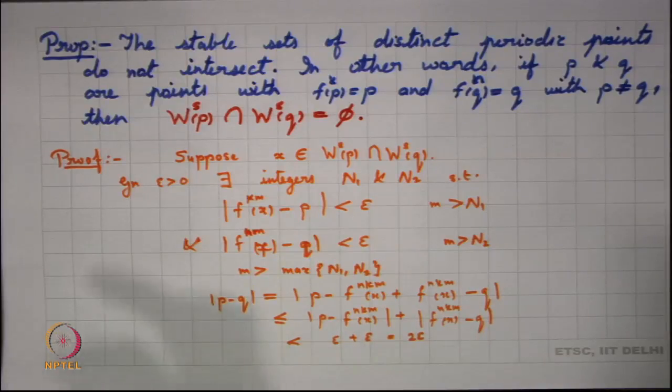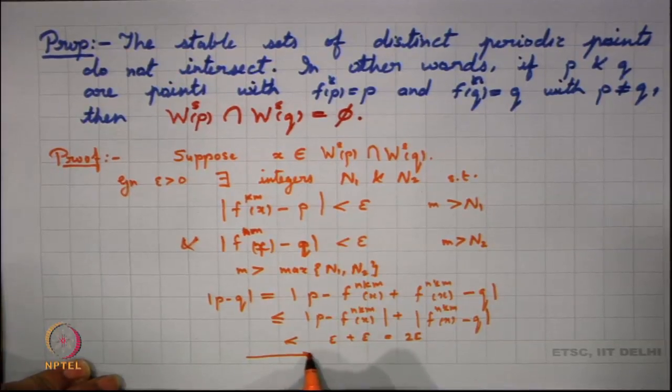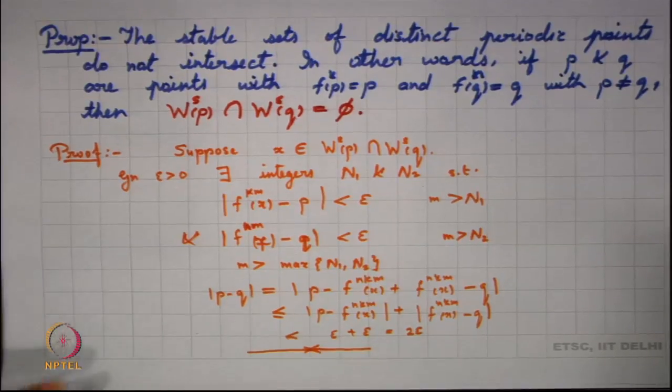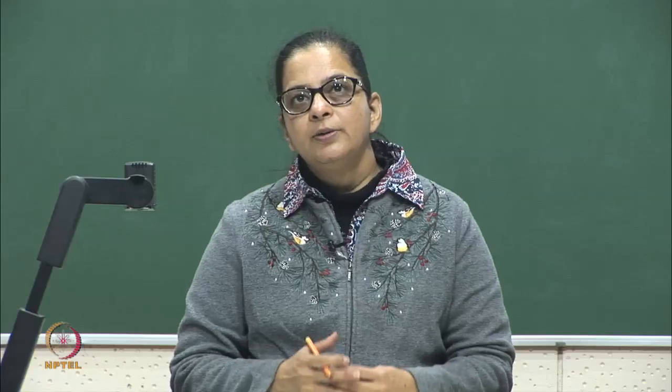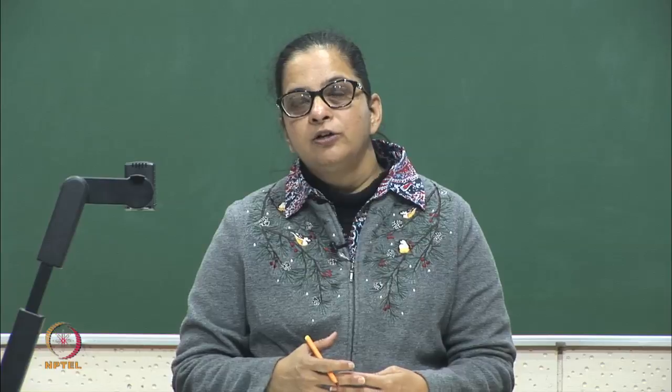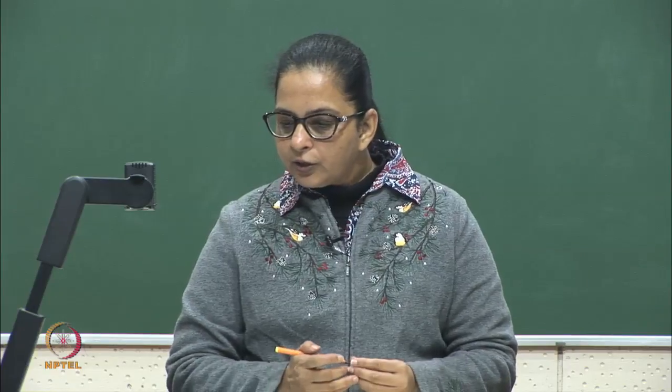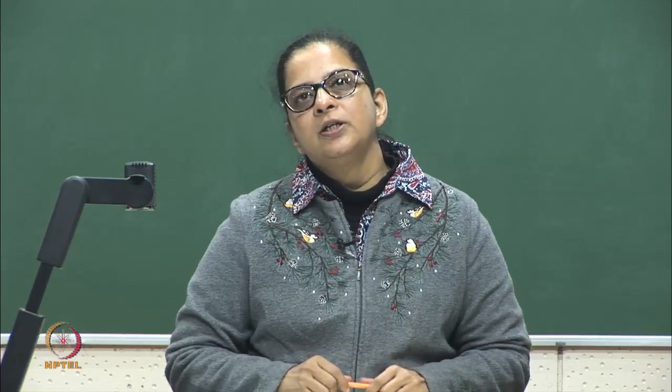That means the distance between P and Q becomes arbitrarily small. That is what leads to a contradiction, because P and Q are fixed points. This contradiction comes from assuming that there exists a point which belongs to the stable set of both P and Q, and hence the stable sets of P and Q are disjoint. So, stable sets are always disjoint.